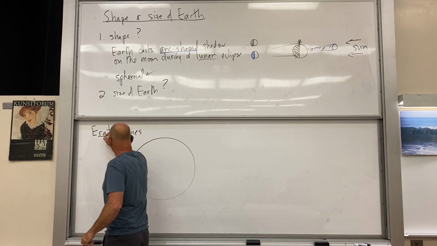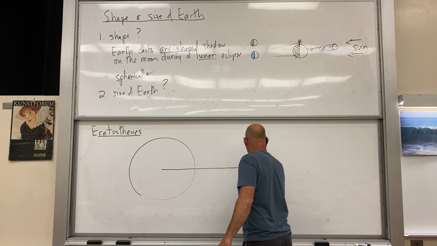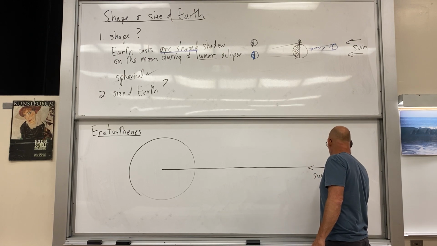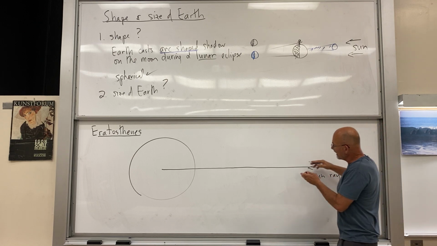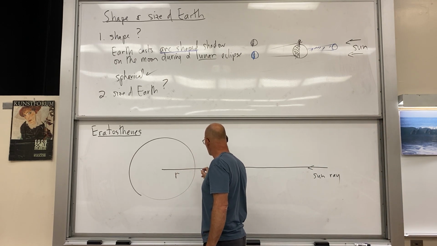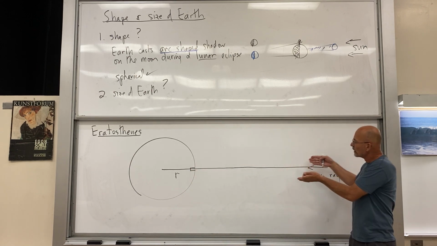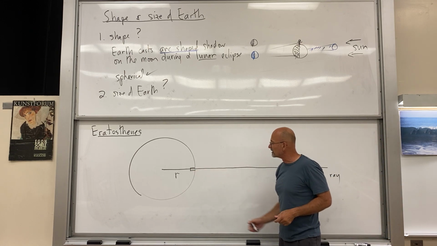So Eratosthenes knows that the Earth is a sphere, and he imagines here's the sun ray, light ray, and here's the Earth of radius r, and the sun's directly overhead, it shines down the bottom of the well.